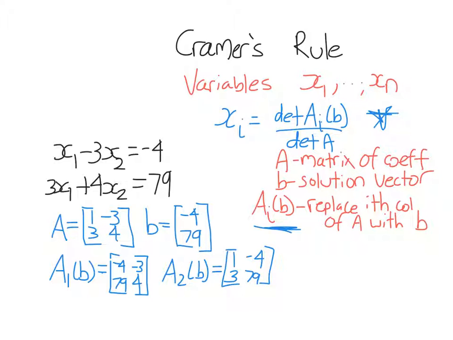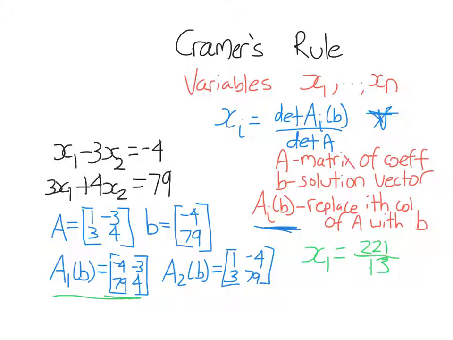When I have these, I can calculate x1 and x2 directly. So x1 is determinant of A1 of B over the determinant of A. So the determinant of A1 of B is minus 16 plus 3 times 79, which is 237, so I end up with 221. Now, determinant of A is 4 times 1, which is 4, plus 3 times 3, which is 13.